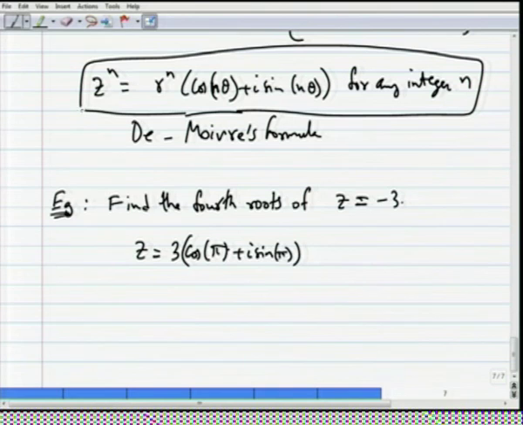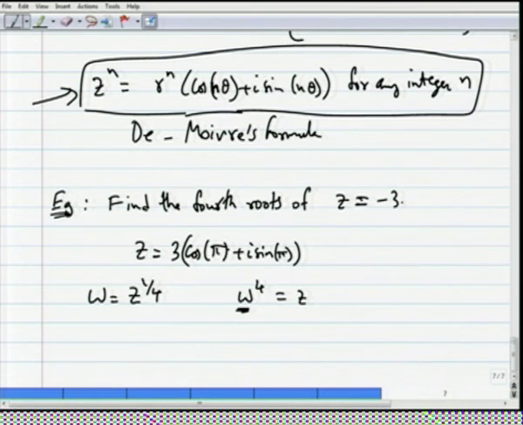So, De Moivre's formula suggests that if you say w equals z power 1 by 4, you want the fourth root, then w power 4 is equal to z. So w power 4, you imagine w in the place of z here.